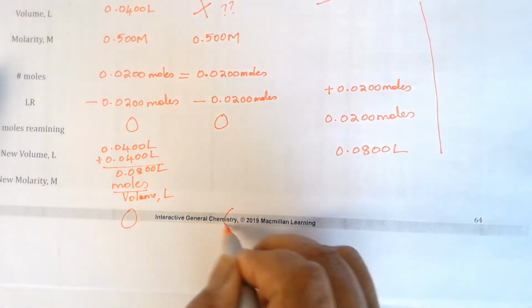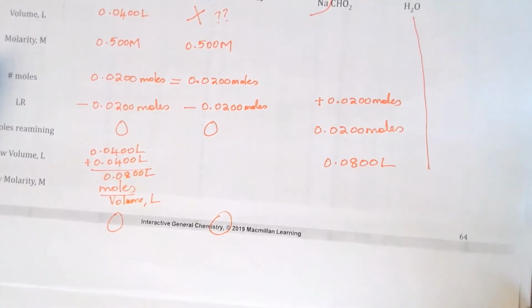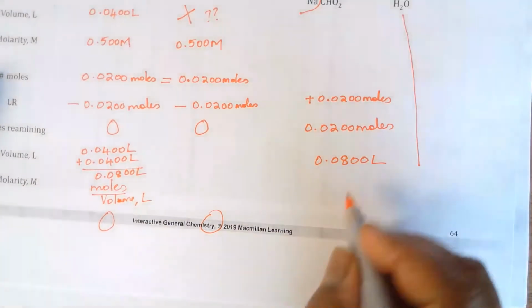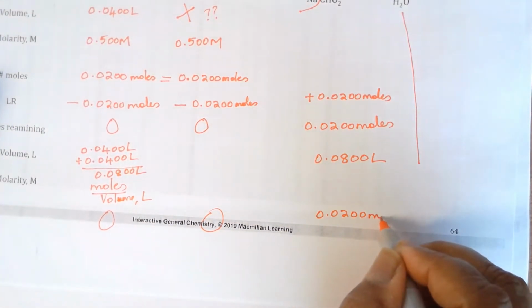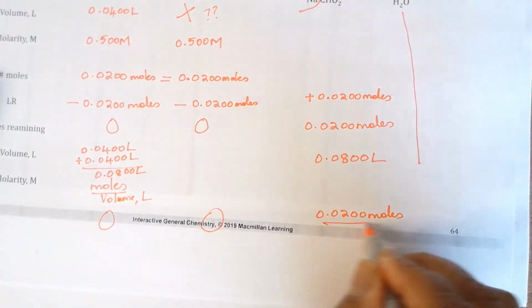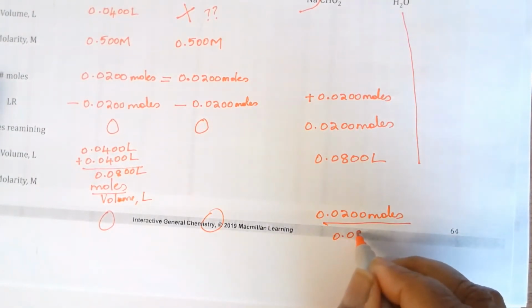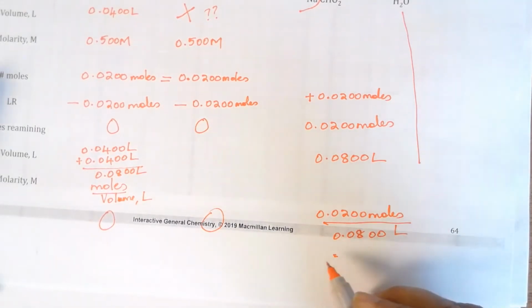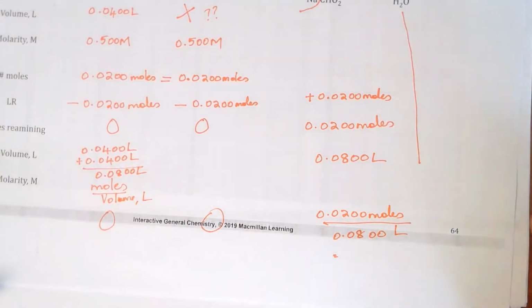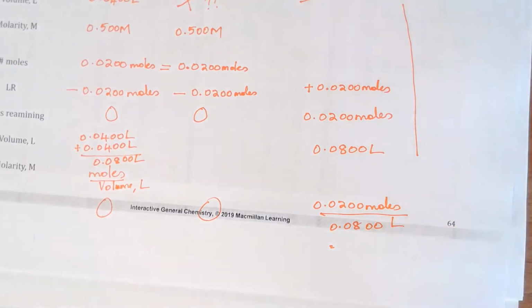So this is zero because you do not have any moles. Here though, you have 0.0200 moles and 0.0800 liters. So what is the new concentration of the formate?